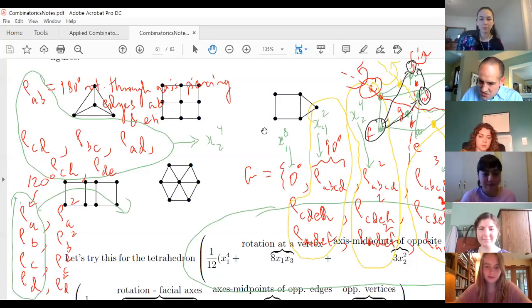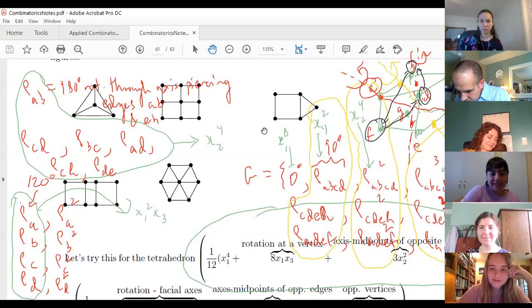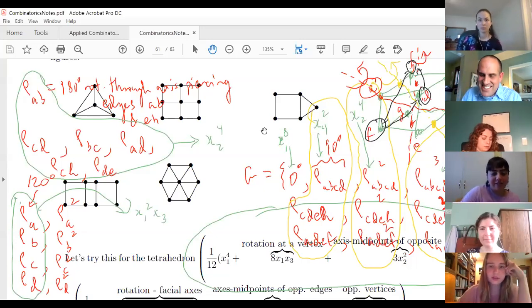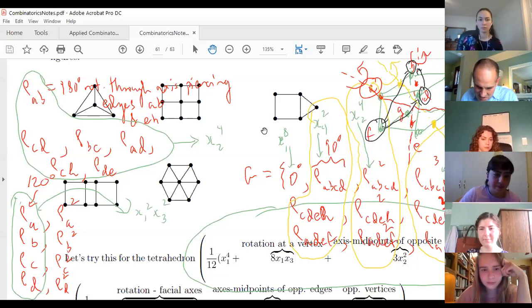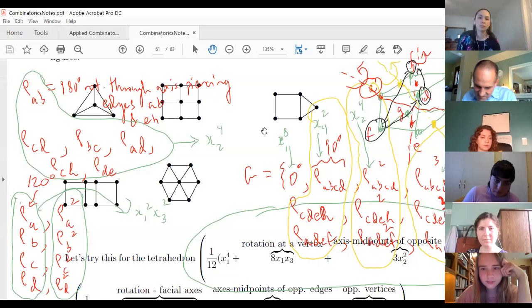Okay. So what do we have? X1 squared, X3 what? How many 3-cycles are there? There's 2. Two of them. And what about these guys right here?